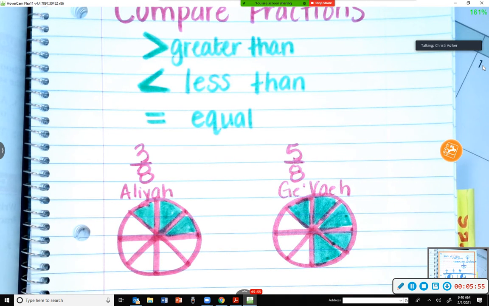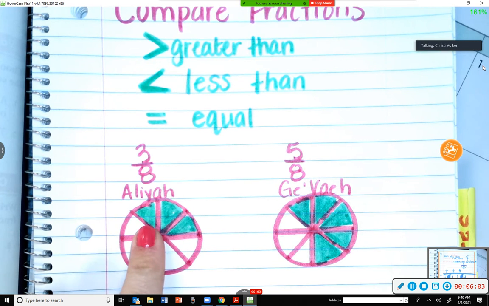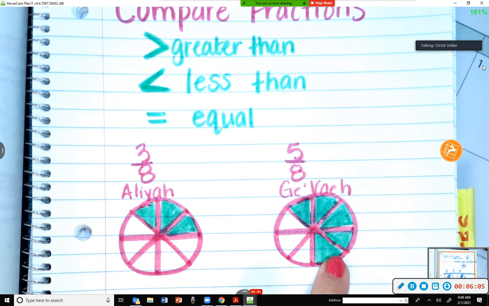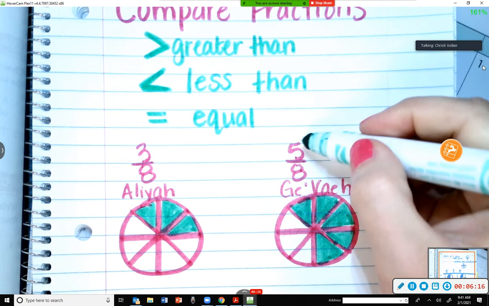Okay, now we're going to put the symbol in between. So if Aaliyah eats 3/8 and Javea eats 5/8, who is eating more? 5/8. Javea, right. She ate 5 pieces. Aaliyah only ate 3. So our symbol needs to be pointed towards this one, right? The bigger one.